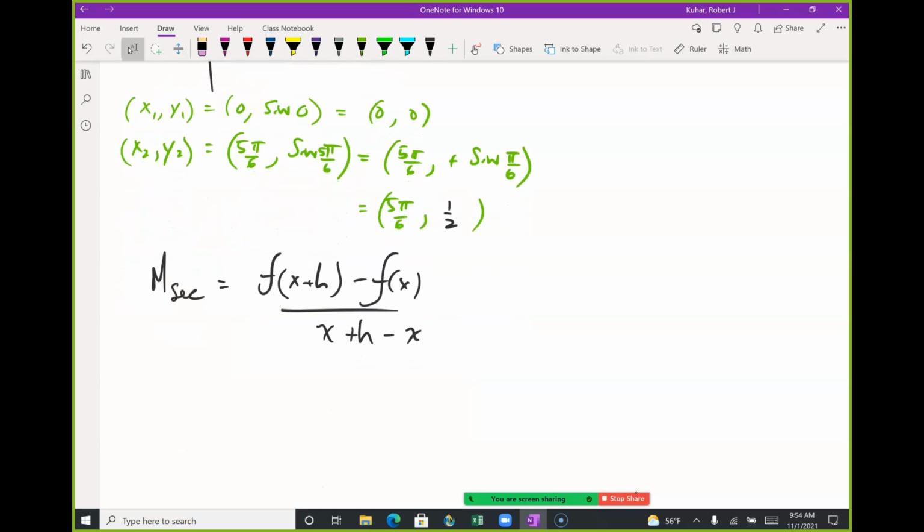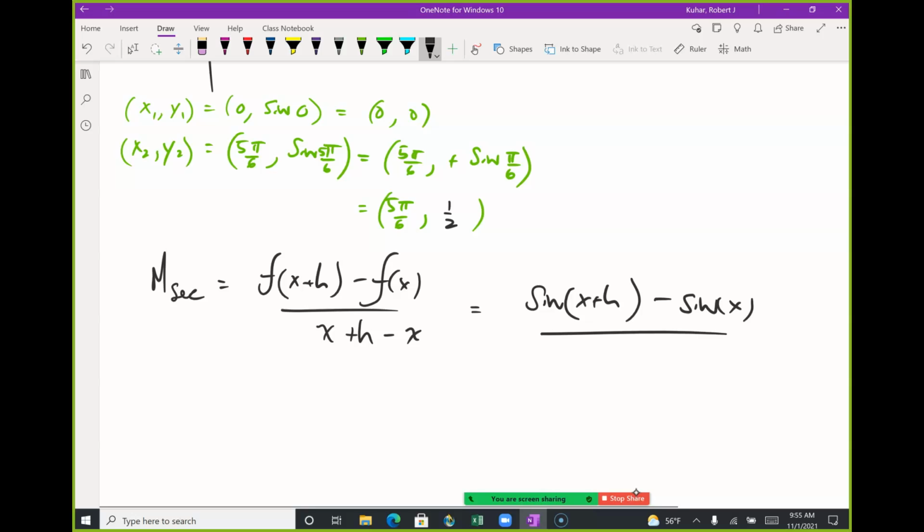The difference of sine of the arguments over the difference of the arguments, y sub 2 minus y sub 1 over x sub 2 minus x sub 1. So that's sine of x plus h minus sine of x all over h, right? You with me here? So far, so good. Anybody confused?